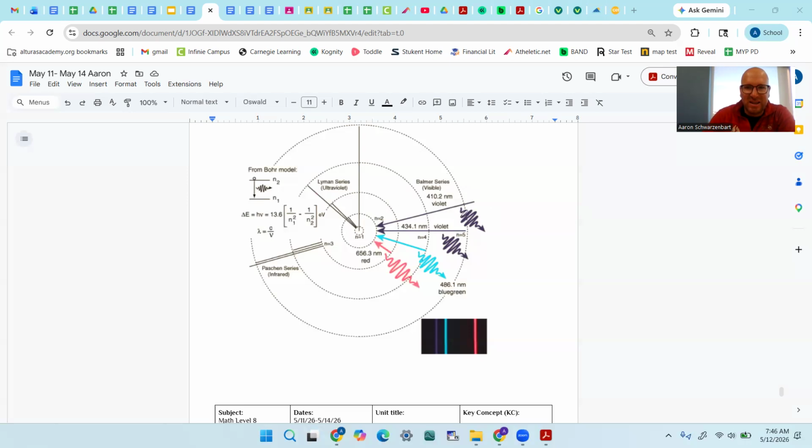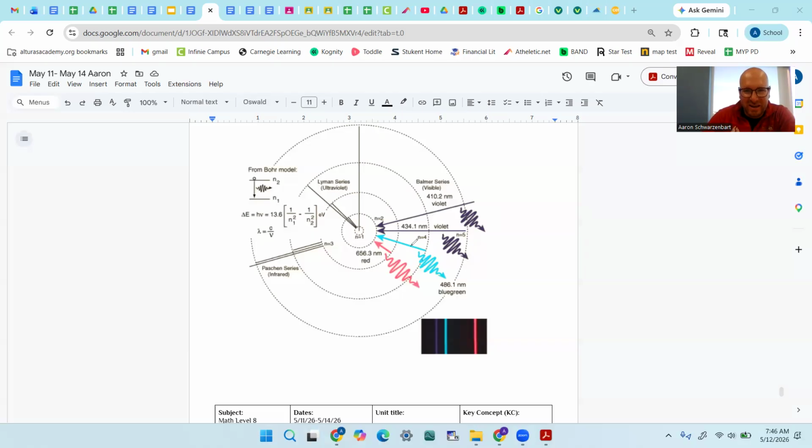So as these excited electrons drop down, they emit lines of a certain frequency. Because it's very specific frequencies, this is our evidence that these electrons must be in certain energy levels or energy states, and they can't exist in the states in between them.